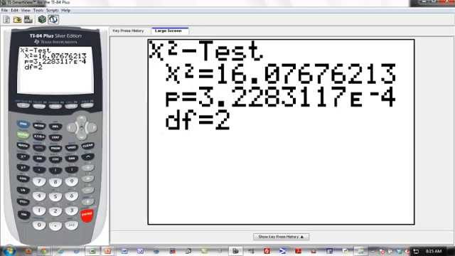Did anybody else get 16.07 for their chi-square value? Oh, Danny. You got that. Daniel also thought there were 4 rows and 3 columns. Did you put it in as a 2 by 3? Just double check your numbers.